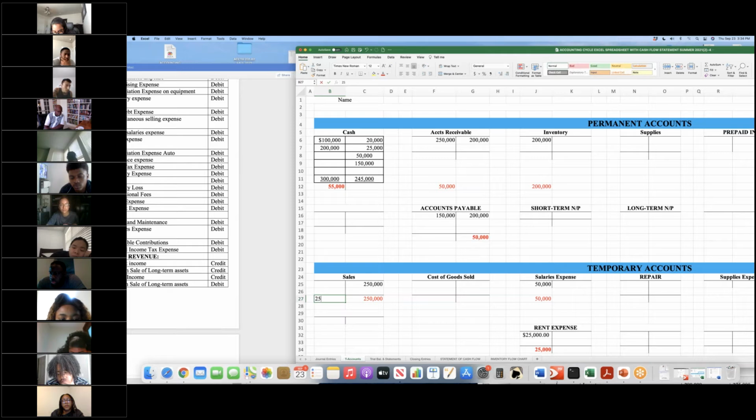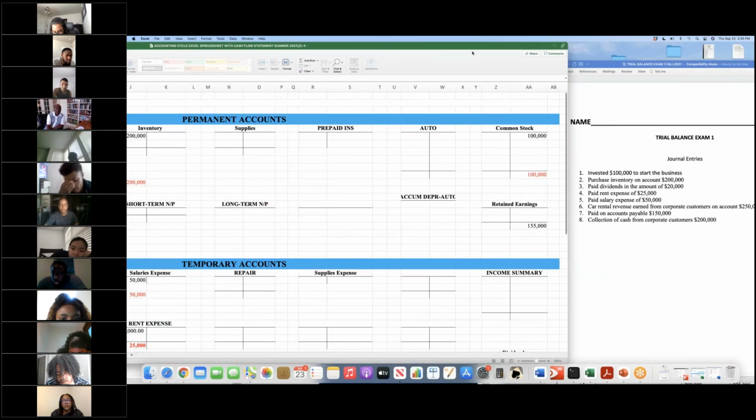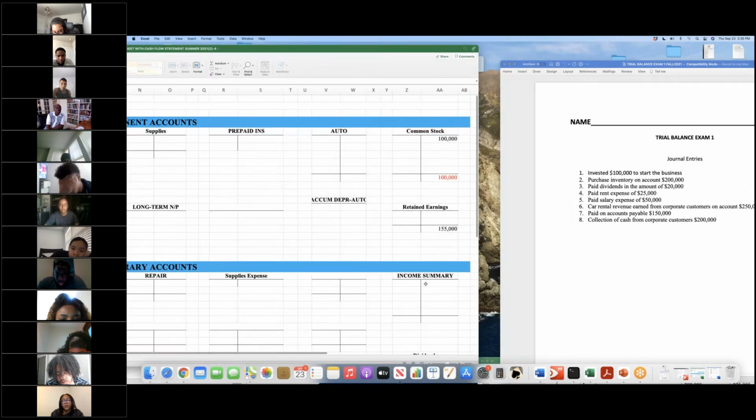And once we debit sales, we've closed it out. Then we're going to come over here and credit income summary. So that's journalizing closing entry 1 and posting closing entry 1.